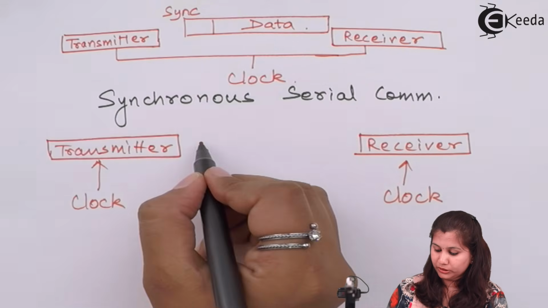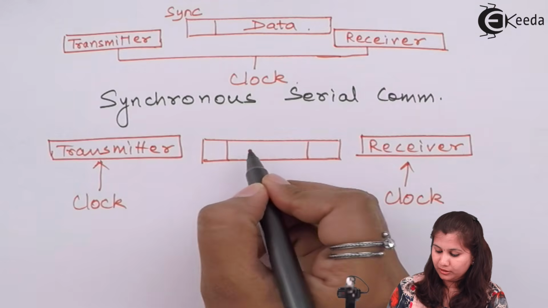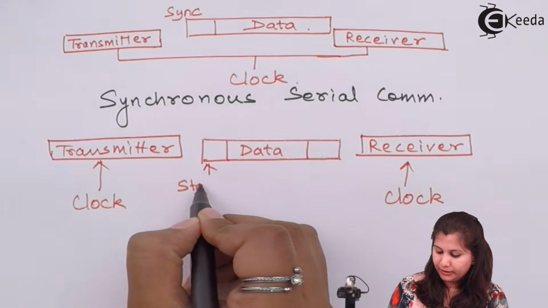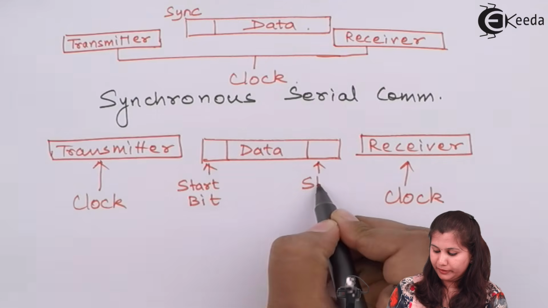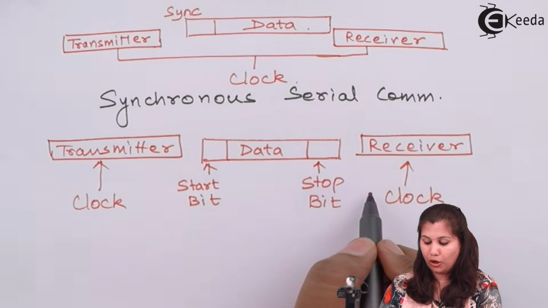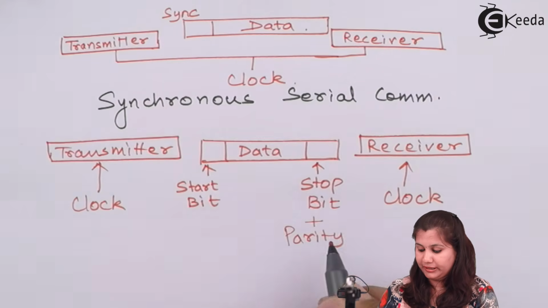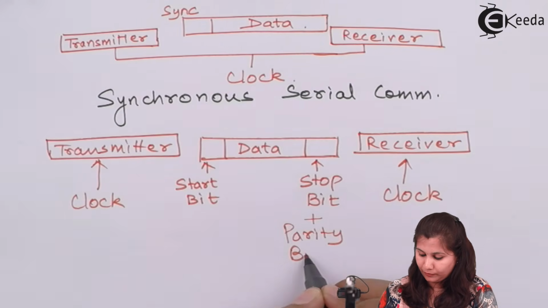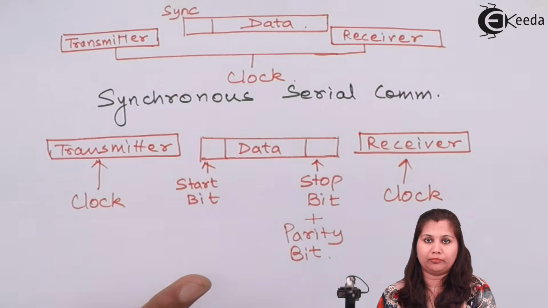In the data, we have 8 bits of data, with a start bit at the beginning and a stop bit at the end. Along with the stop bit, we also have a parity bit to check the parity when the data is received by the receiver. This is asynchronous serial communication.